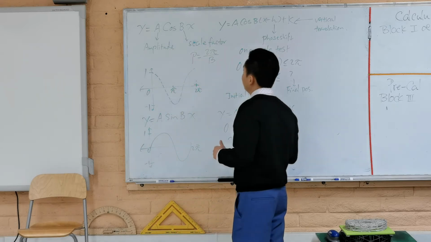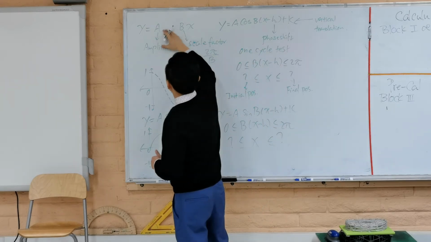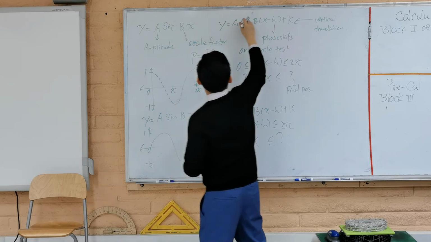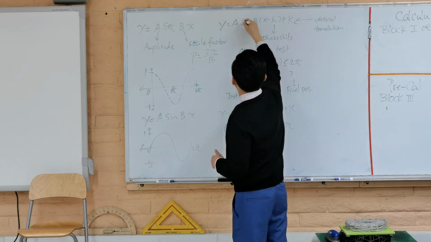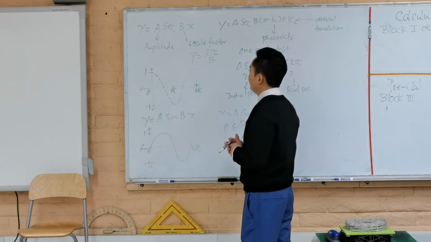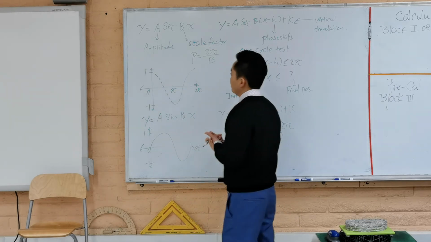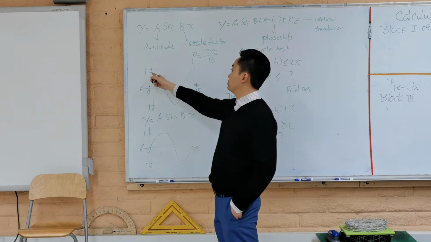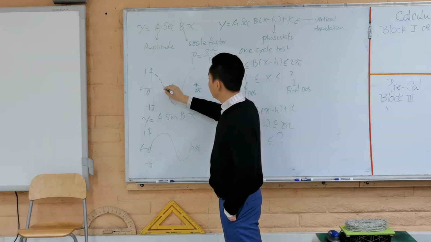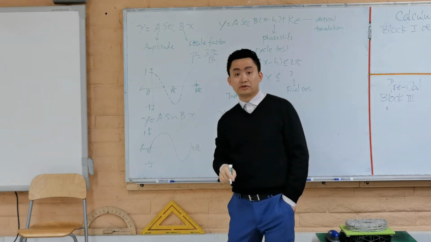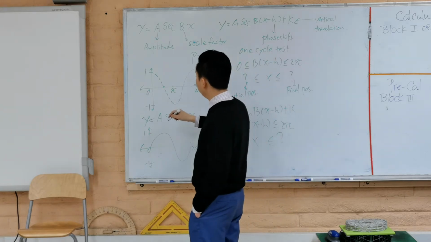For the form, again, instead of using cosine, we're using secant. Now, if that's a reciprocal, what's the reciprocal of 1? That's 1. What about the reciprocal of 0? That would be 1 over 0, which is undefined.